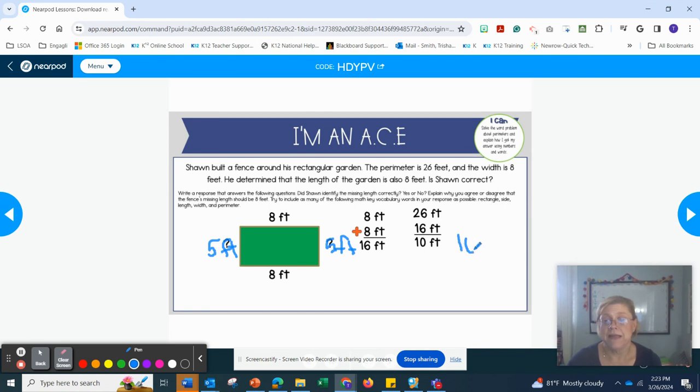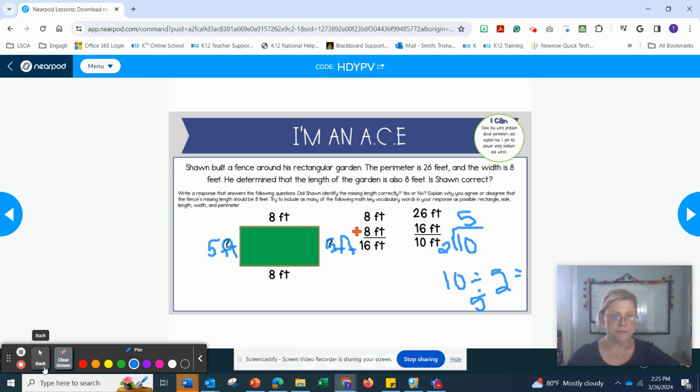Because we said 10 divided by 2 equals 5. Or we could say it like this, 10 divided by 2 equals 5. However you want to look at it. Sorry, brain hiccup.